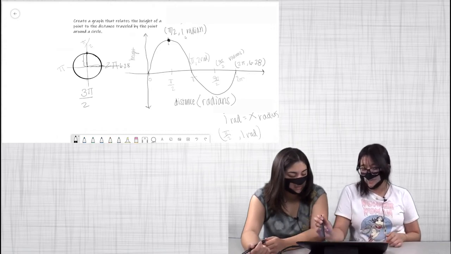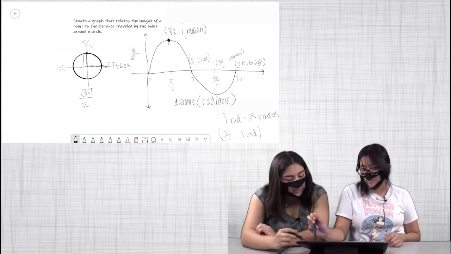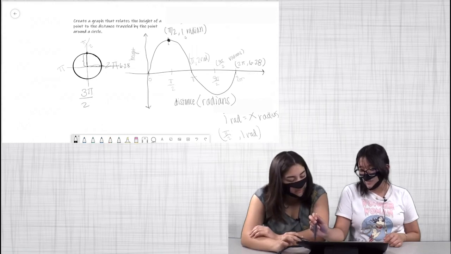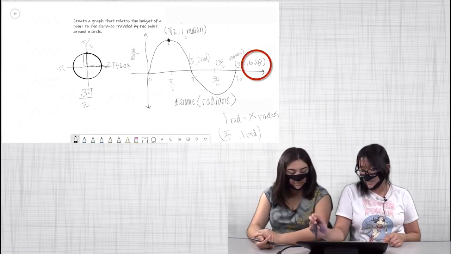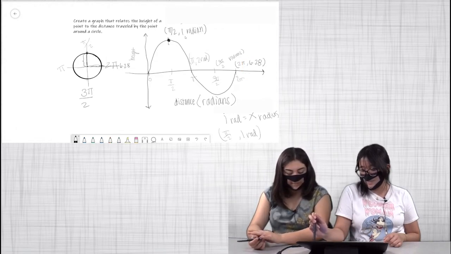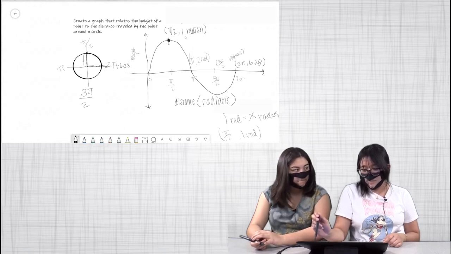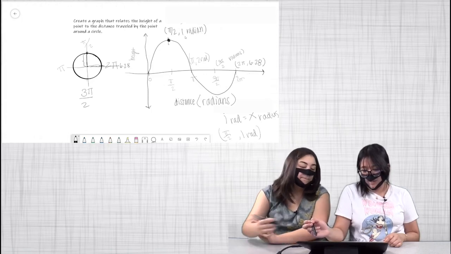So we thought that our y value right here had to be 6.28 since that's the end of the circle, but it doesn't because our x value is measuring our distance, which is equal to radians, while our y value is our radius, which doesn't have to equal 6.28.